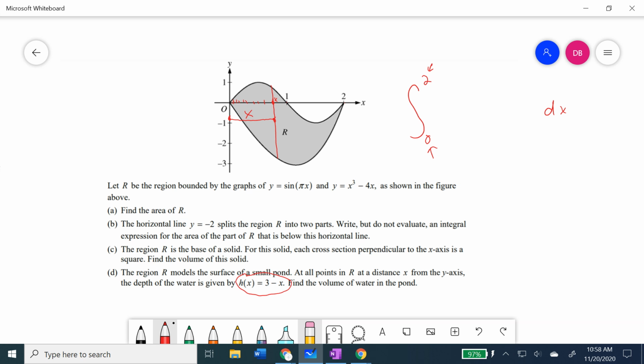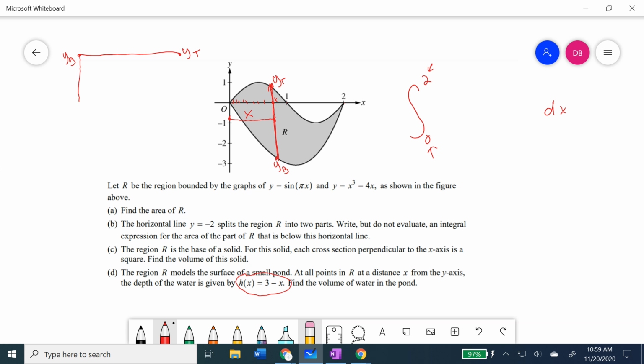In part D, it doesn't mention cross-sections at all. But you have to interpret that what this is actually meaning is this is one side of a rectangle. And I'm going to put y top and y bottom, and then I'm going to draw this line and say that this is my y top and my y bottom that I saw there.